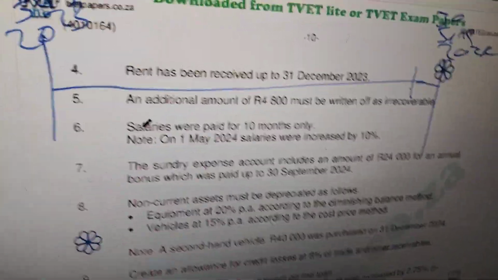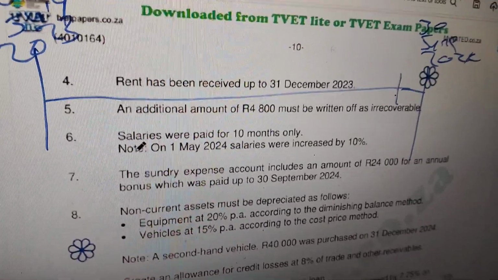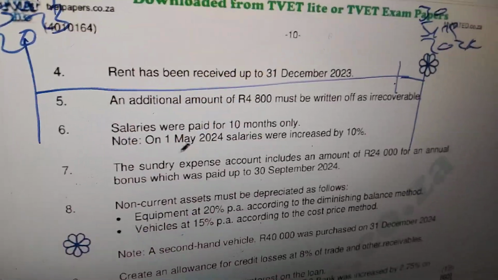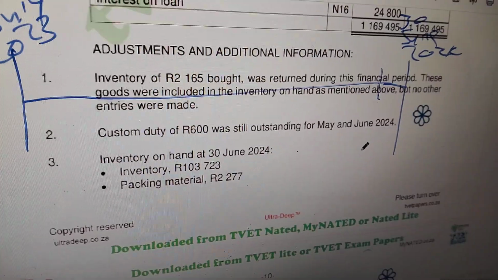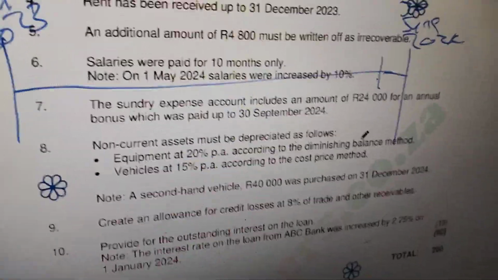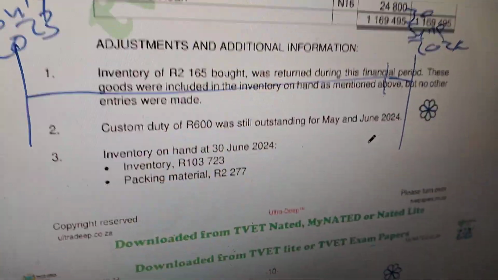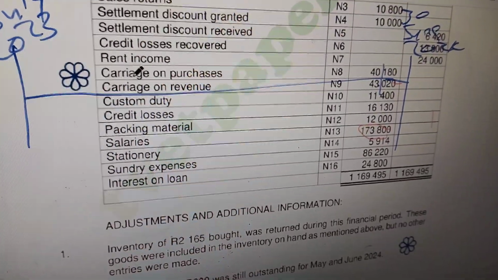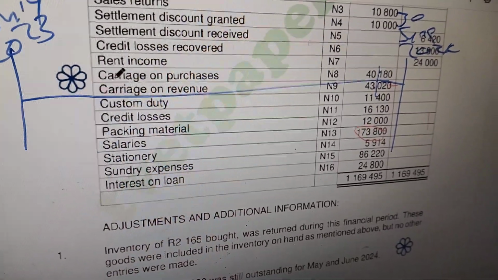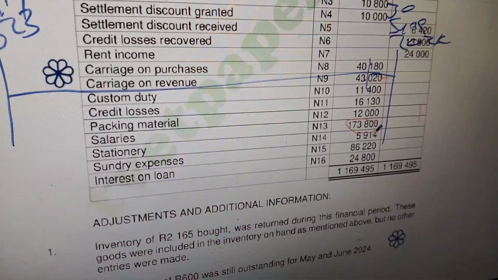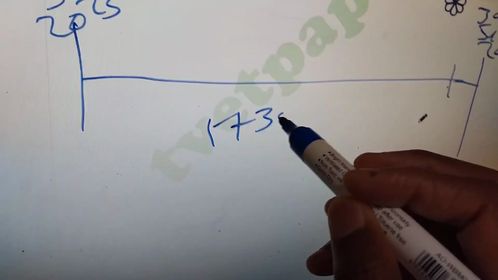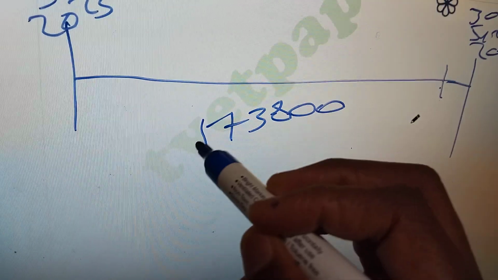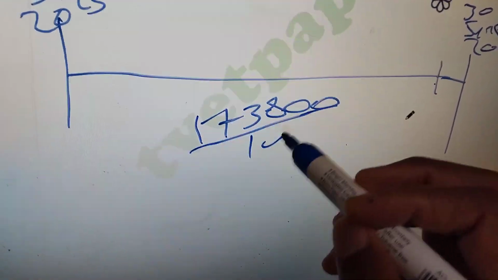So they say the salaries were paid for 10 months. Note on 1st of May, salaries were increased by 10%. So the amount of salaries on the trial balance is 173,800. This represents the 10 months.